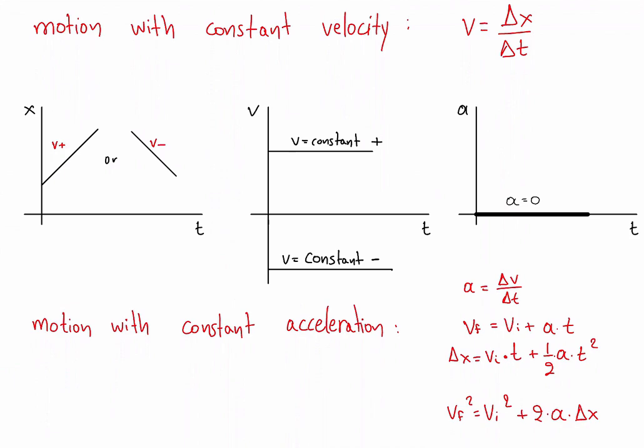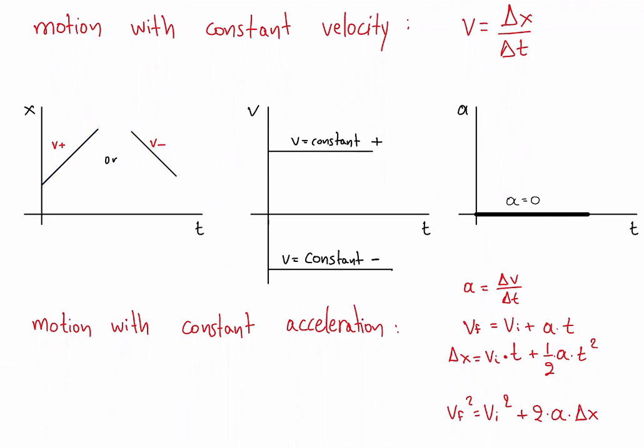So if we know for a fact that we have motion with constant velocity, the velocity will be staying the same, it will not be changing, and the acceleration will be zero if we have motion with constant velocity.